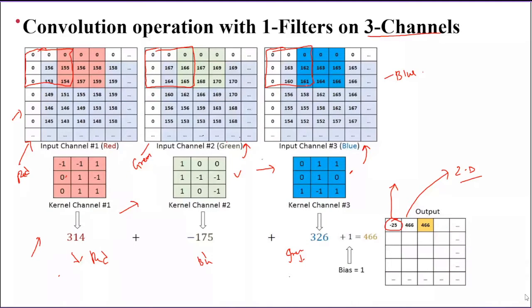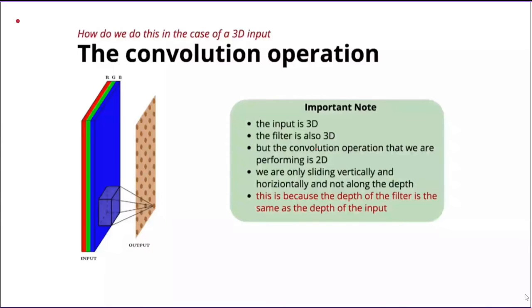So in general, if the input is 3D and we are dealing with only one filter, then automatically this one filter will have a depth of size 3.